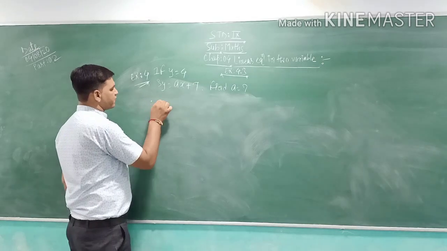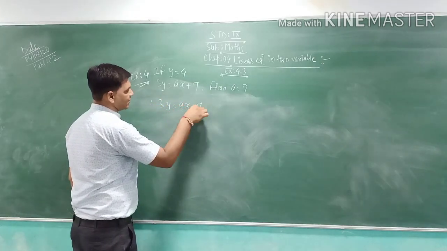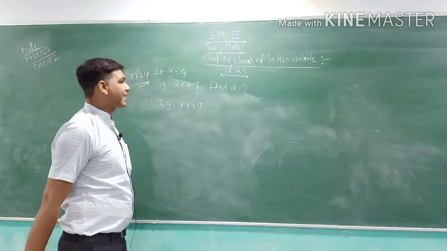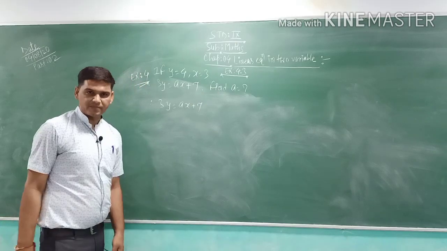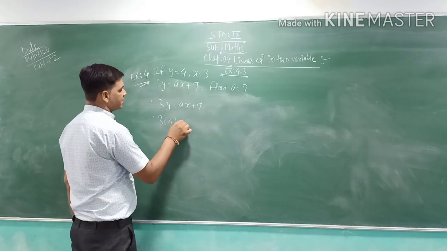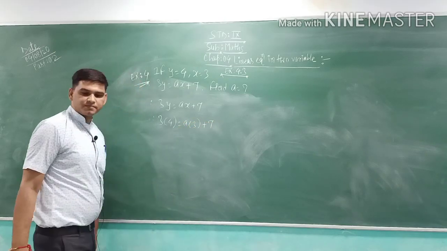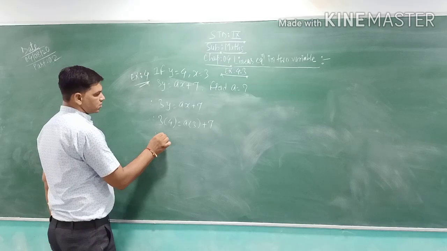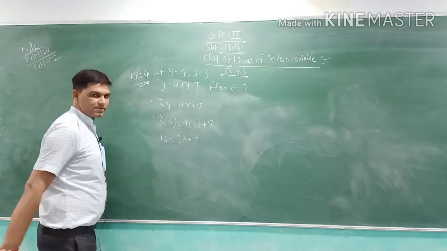So first of all, I will write the equation 3y is equal to ax plus 7. But what is the value of x? X is given as 3. So therefore, 3 into 4 is equal to a into 3 plus 7. So 12 is equal to 3a plus 7.